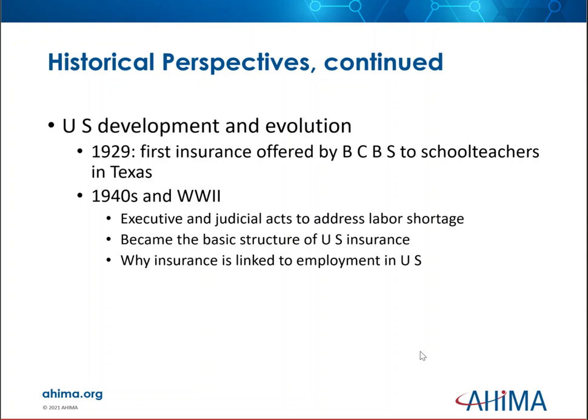It first started out with having a physician who worked for the plant, and he or she, or most likely he, was responsible for taking care of the employees, like an on-site clinic type environment. And that kind of then grew into the Kaiser model, which we still have today. And then we also have, as noted here, the beginnings of Blue Cross Blue Shield.